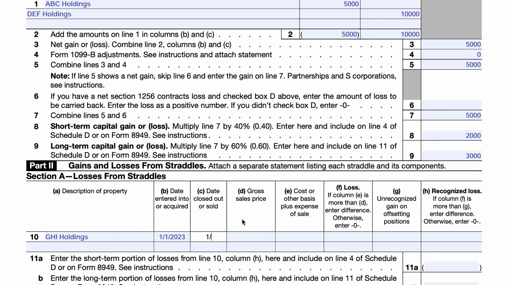So let's just say that we disposed of this in 2025, and this is the actual 2025 tax year. So let's say we sold it for $10,000. Our basis was $5,000. Now, if you need additional detail about what constitutes adjustments to basis, things of that nature, you can find more detail in Publication 550.